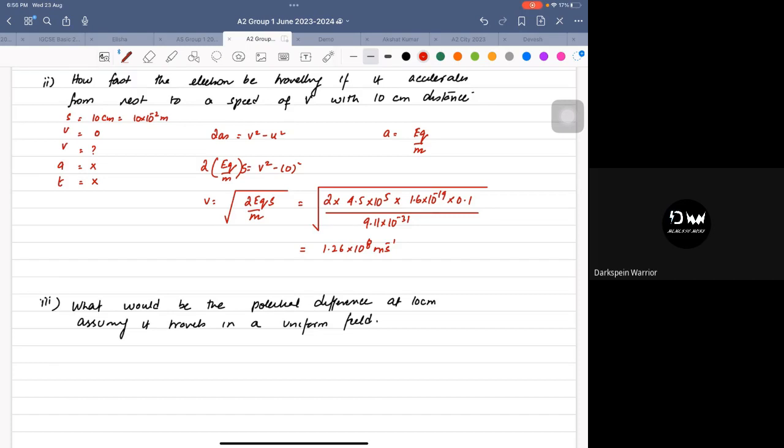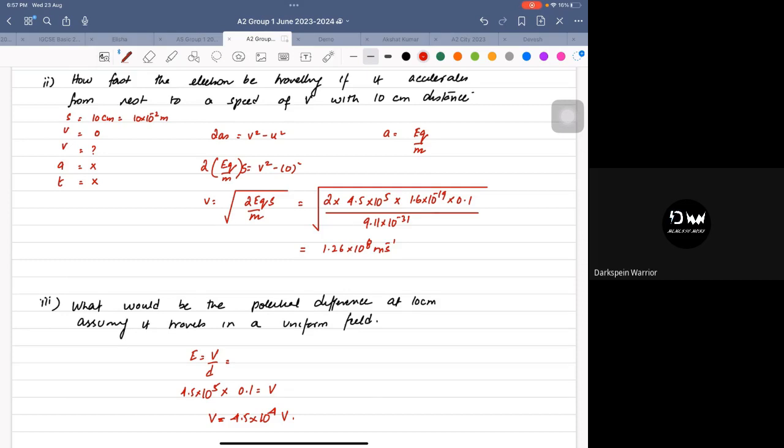All right, yeah. Can you please find the answer? 4.5 times 10 raised to power 4. V over D. So the distance is 10 centimeter. Electric field strength is 4.5 times 10 raised to power 5 times 0.1. That would be how much? 4.5 times 10 raised to power 4 volts. Is it clear, everyone? Any questions here?